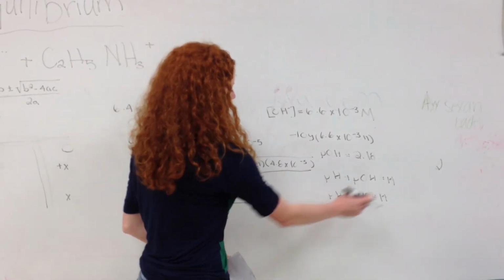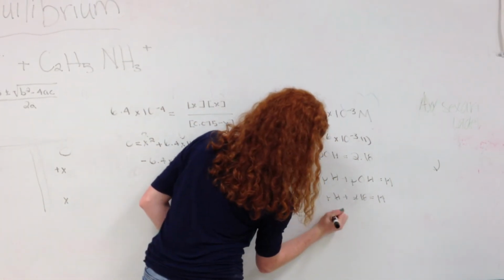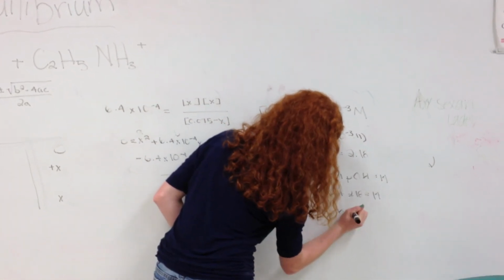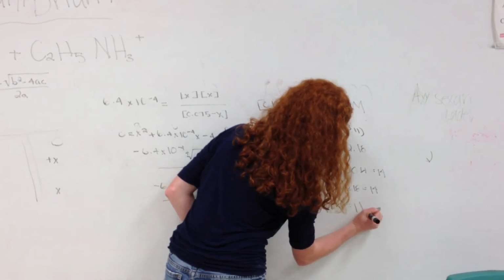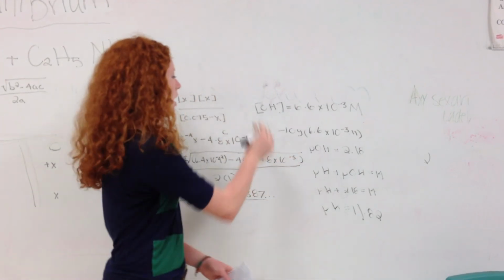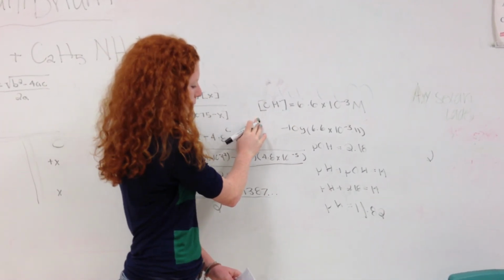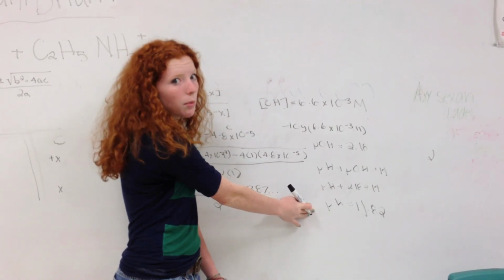So you're going to see that the pH is going to equal 11.82. So you'll have a hydroxide concentration of 6.6 times 10 to the negative third molar and a pH of 11.82.